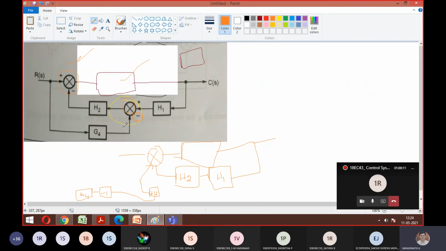If you make a mess here, the complete problem is going to be wrong. So this I'm not going to change. This is R of S, and this input is connected here. So is it how it looks? If I separate the paths linked by your summing point in this feedback path, this is how it looks. Yes or no? Yes, sir. So then from here onwards you can continue.